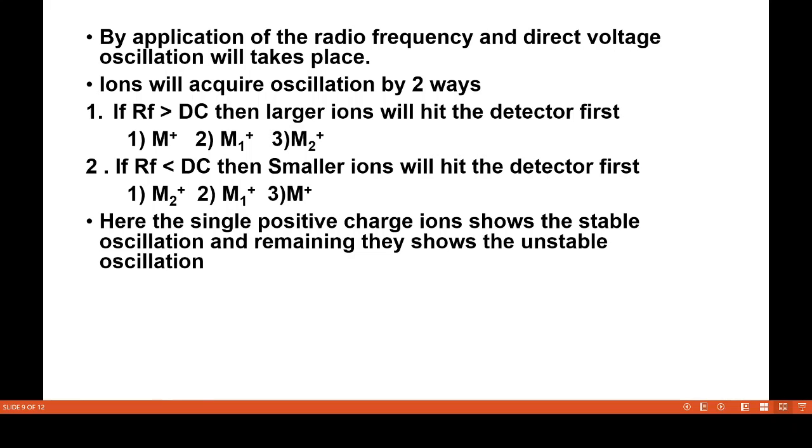They do not reach the detector. While ions with the correct M by Z ratio undergo stable oscillation, strike the detector, and give the signal. So this is about the construction and working of the quadrupole mass analyzer.